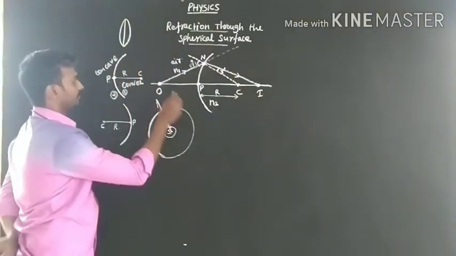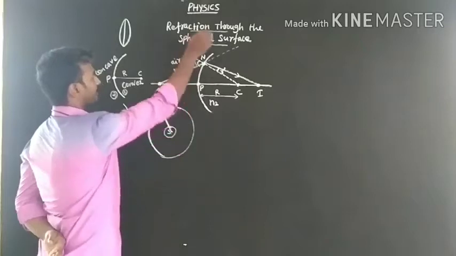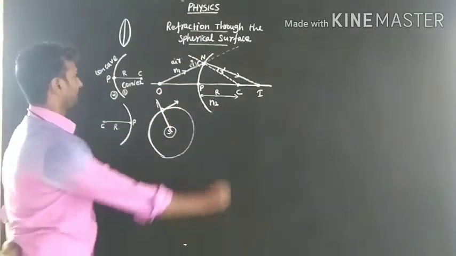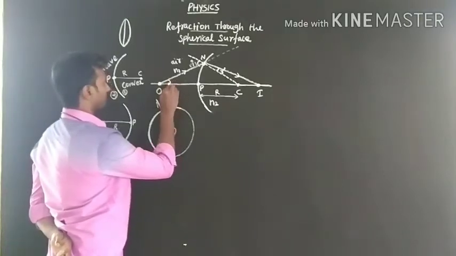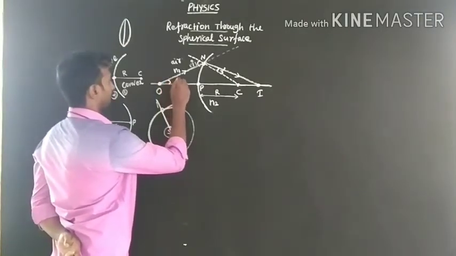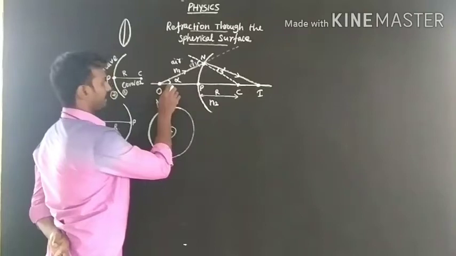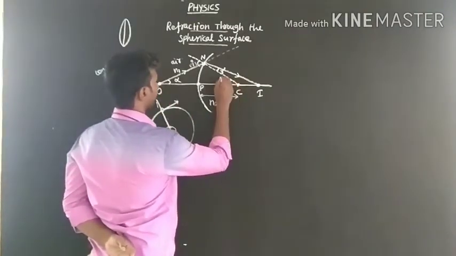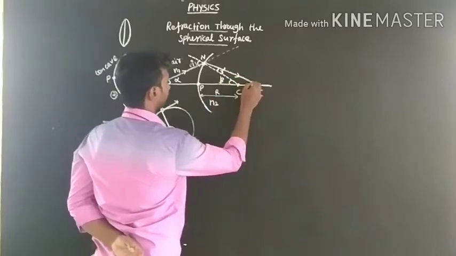Now I am going to derive the equation of the refraction through the spherical surface, with the help of the three angles. Here this angle is known as alpha, and this is beta, and this is gamma.